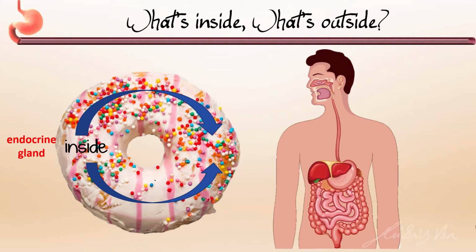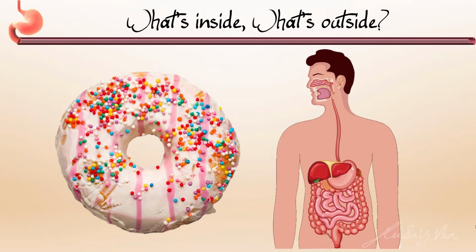As for the digestive enzyme glands that we are concerned about in this chapter, they secrete enzymes outside. Now, you might be thinking, our stomach is inside our body, it's not really outside, right? Now, this is where you are wrong, because for the donut, there are actually two outsides.